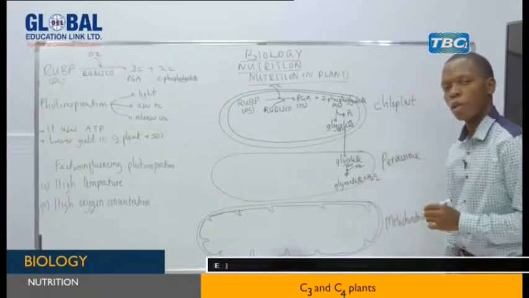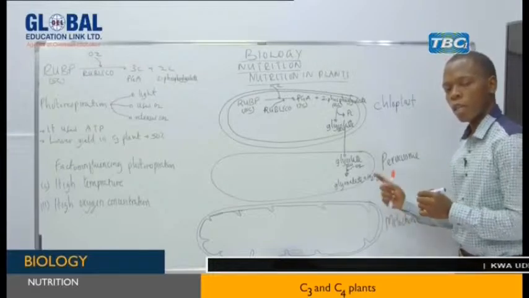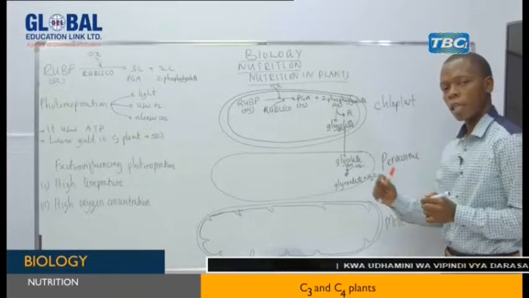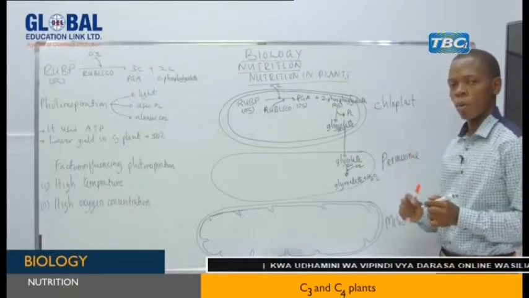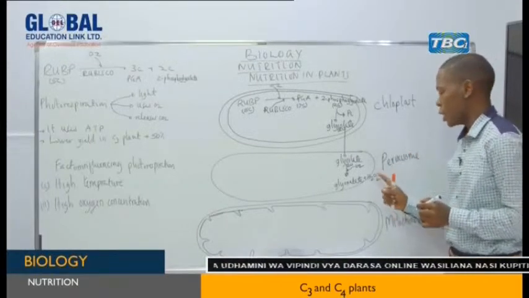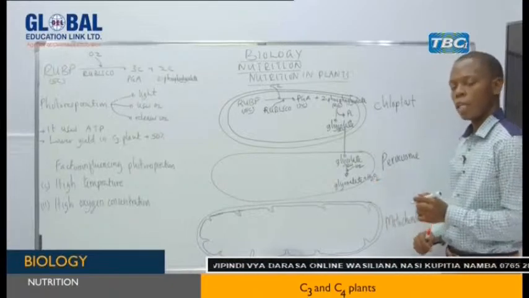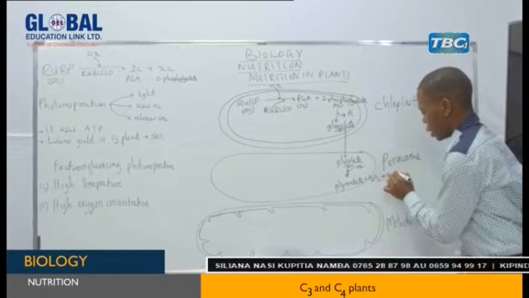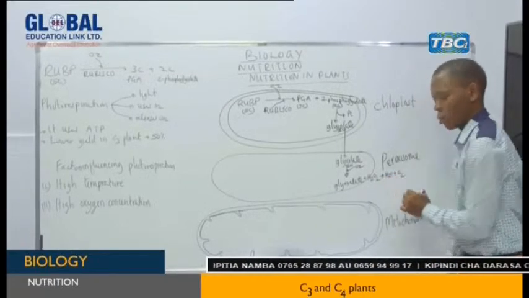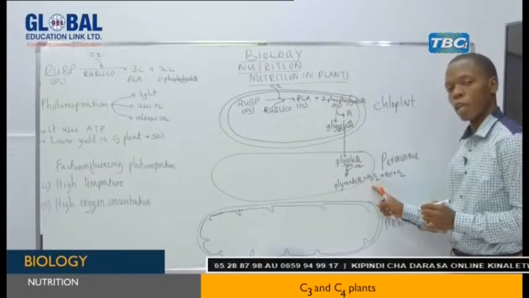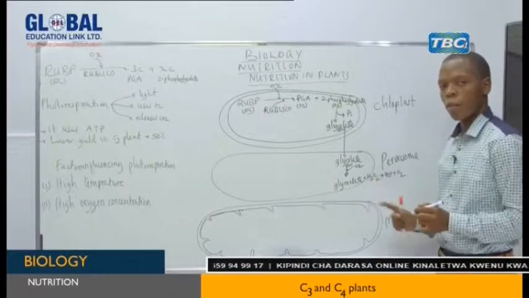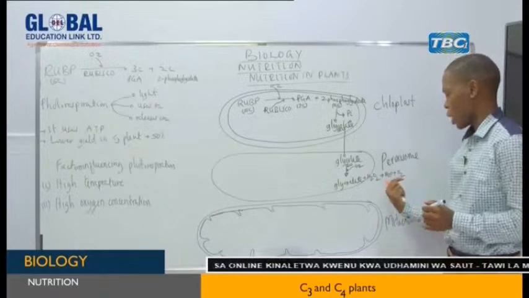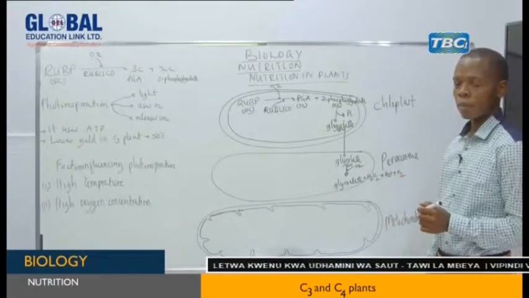If you remember from the concept of cytology, we have said in the peroxisomes there are the so-called hydrolytic enzymes. These enzymes are able to convert this hydrogen peroxide into water and oxygen. Since this hydrogen peroxide is very toxic, it must be converted into another product, which is water and oxygen.